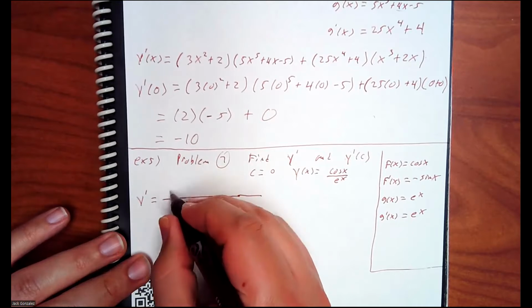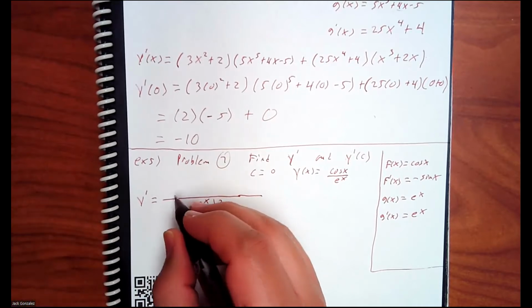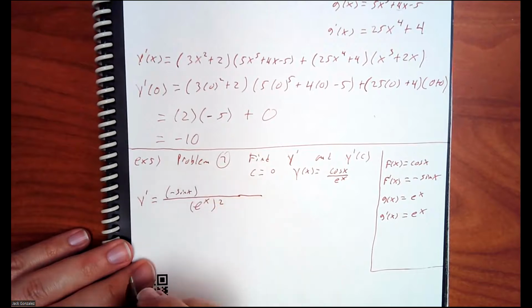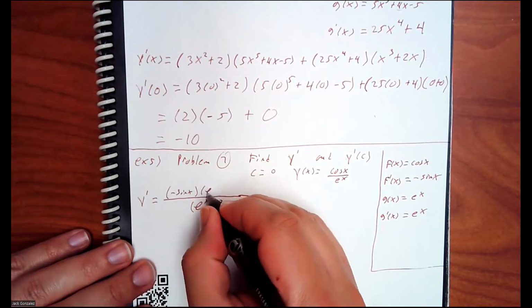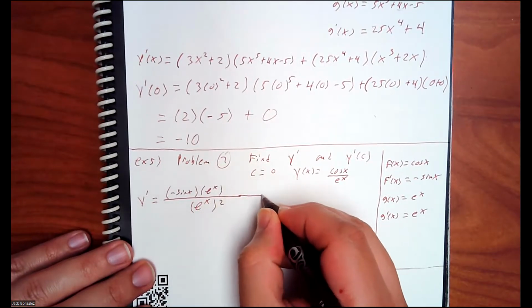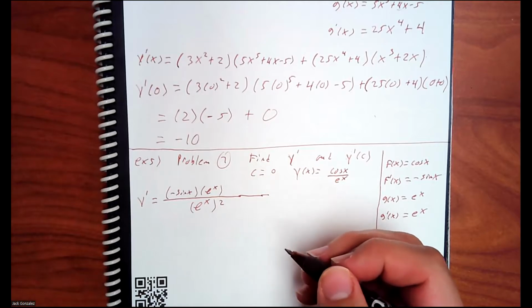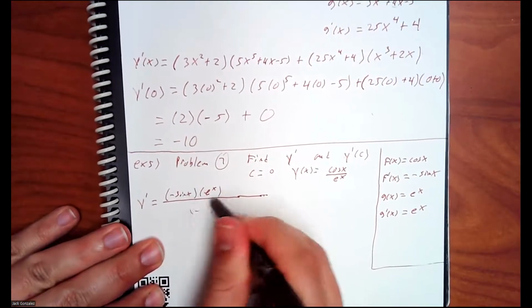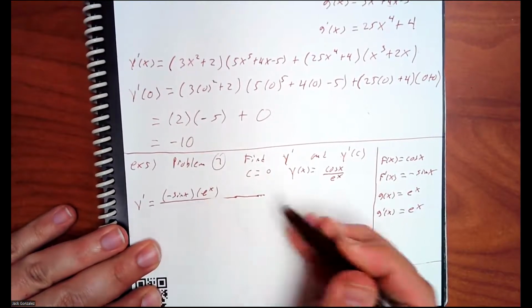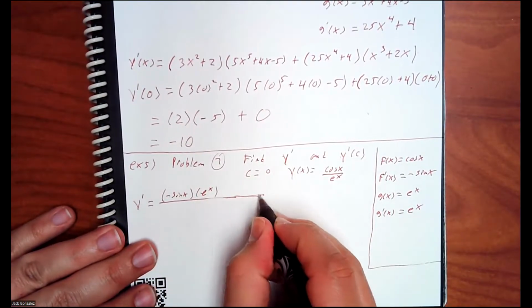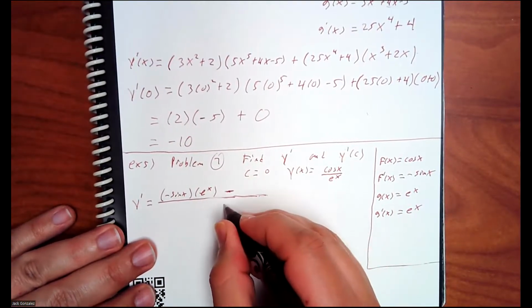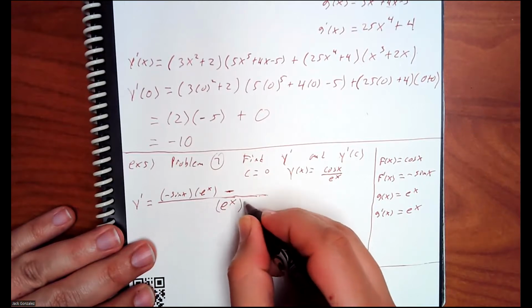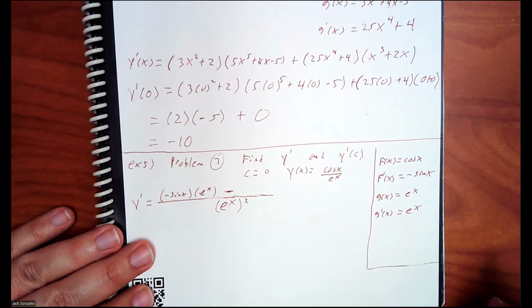Is that f prime times g, or g f prime, same thing, right? Put that in the center. Minus, what's the next part? g prime times the f.